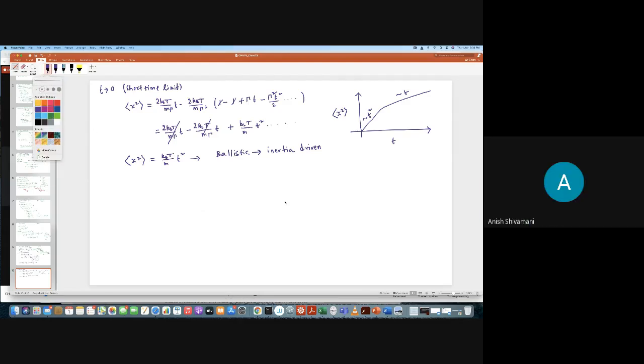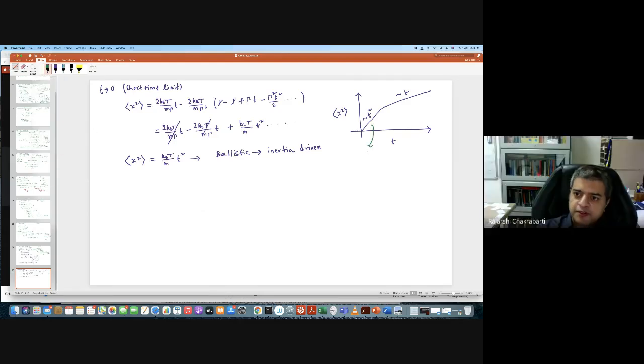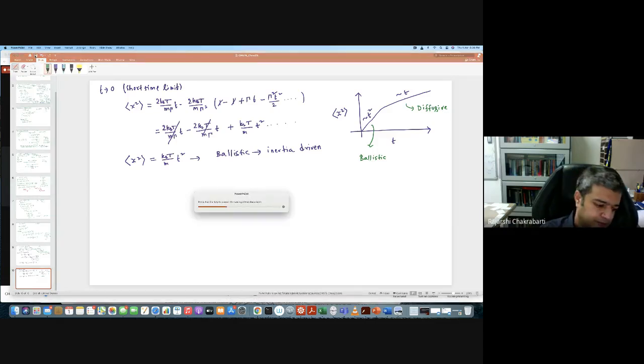Yes, sir. And this part is called ballistic, and this part is called diffusive, the long time limit. So your Einstein's treatment did not give you ballistic, but here the Langevin's treatment had given you ballistic motion.